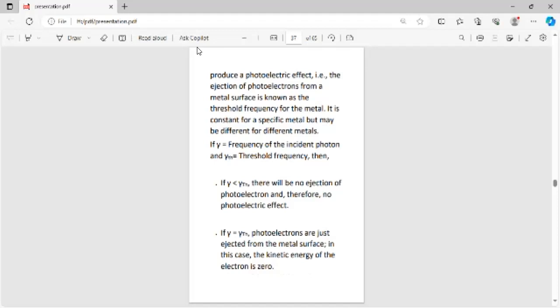If the threshold frequency is greater than the frequency of the incident photon or light, then there would be no photoelectric effect. However, if both are equal, then the photoelectric effect would occur, but the kinetic energy of the electron would be zero.